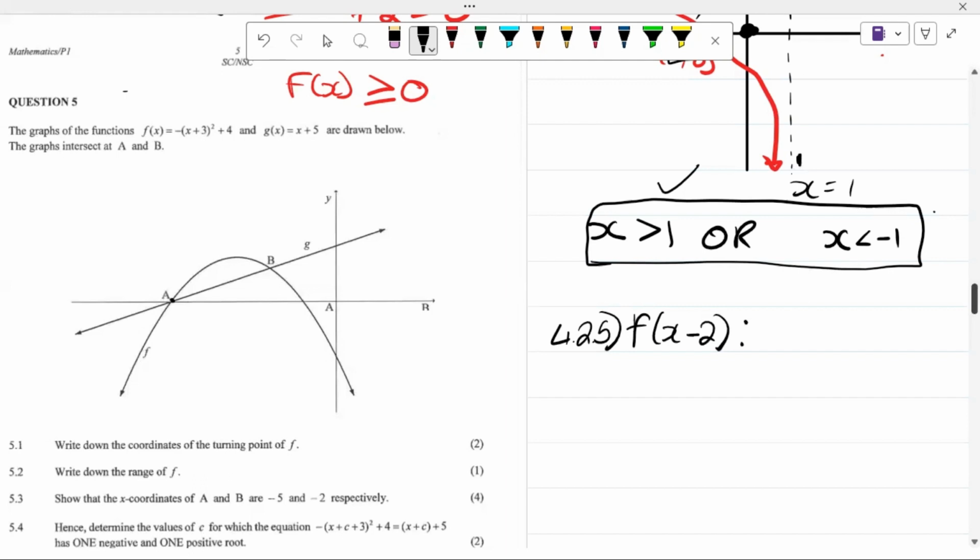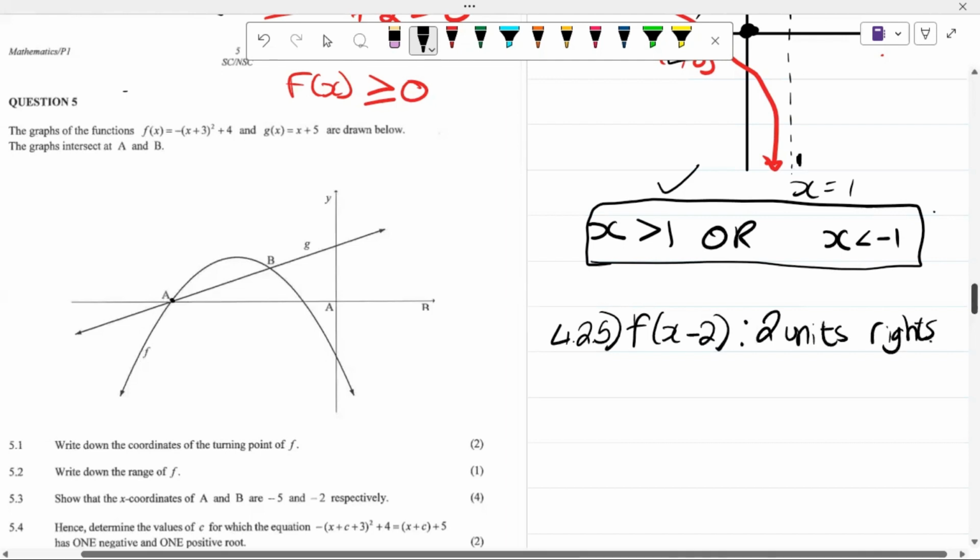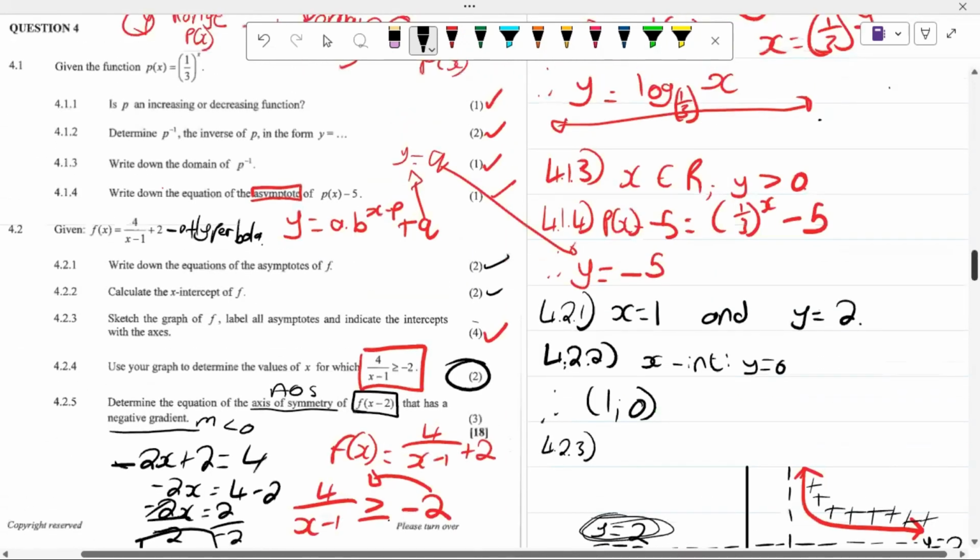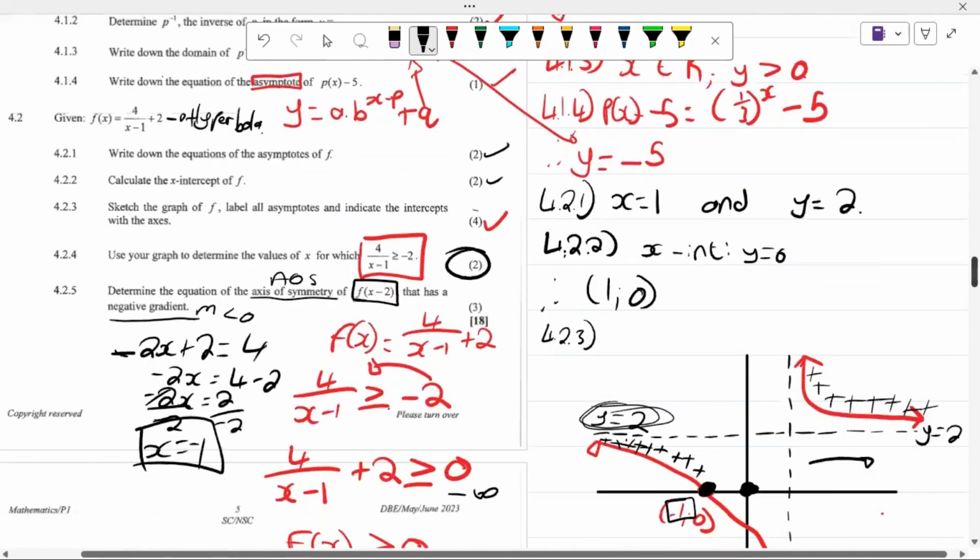Any shift that is in the bracket is a horizontal shift, basically. So if it's negative, that means we are moving 2 units to the right. That's where my graph is moving. Okay, and then what else are they saying?